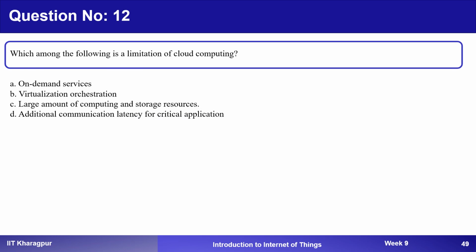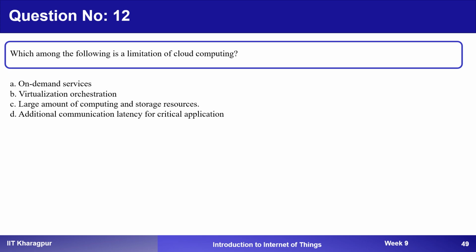Next question is, which among the following is a limitation of cloud computing? Options are on demand services, virtualization orchestration, large amount of computing and storage resources, additional communication latency for critical applications.